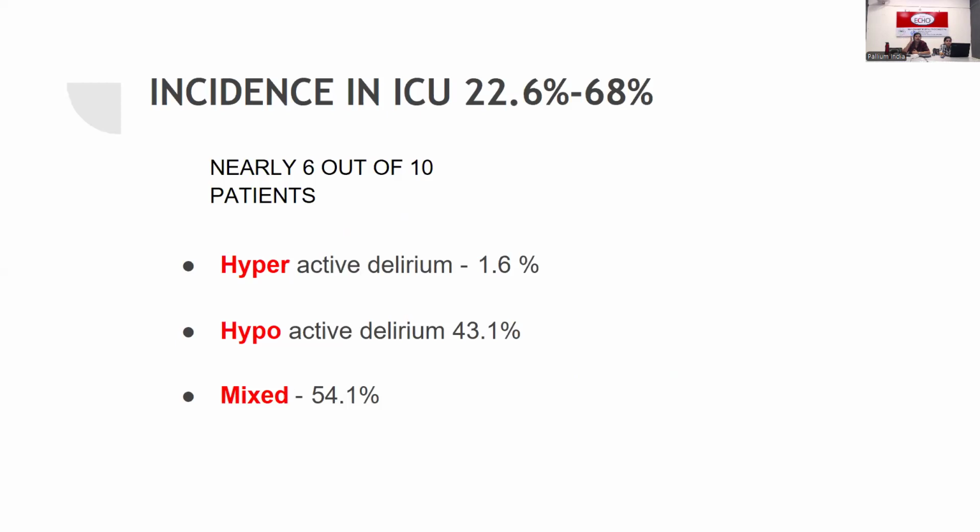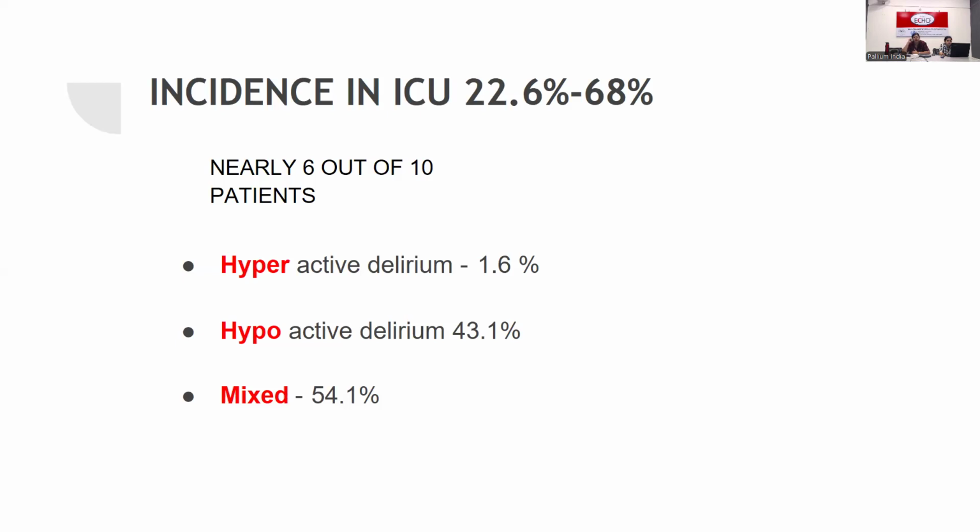But in the ICU, the percentage is nearly 22.6 to 68%. 68% is a very high number. In short, nearly 6 out of 10 patients in an ICU setting can have delirium. That is not a small number, that is very significant.